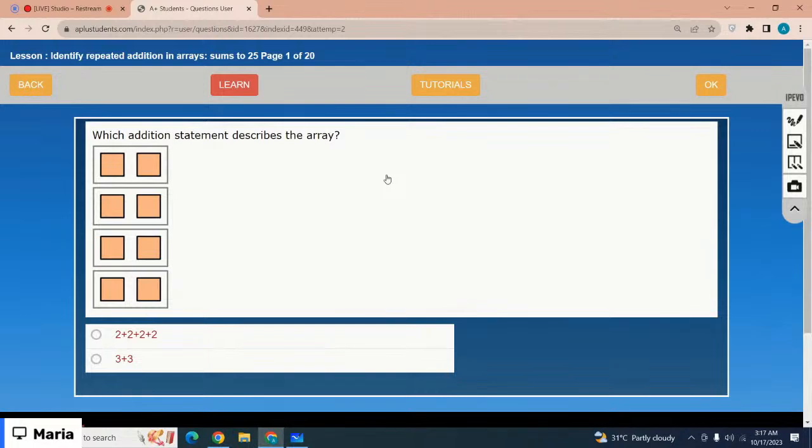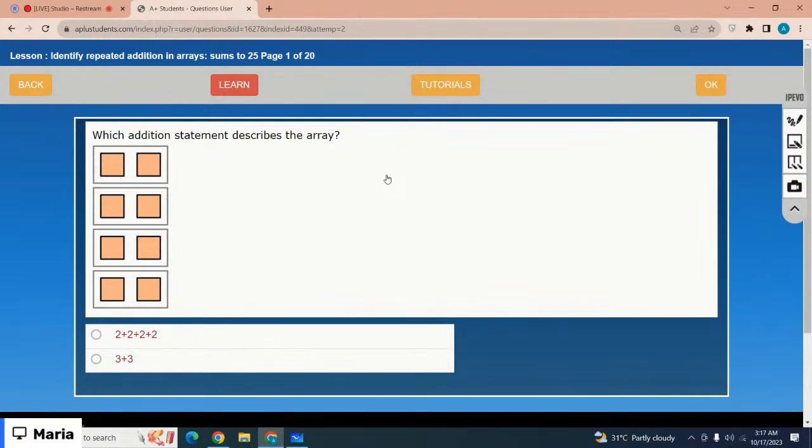Which is the correct option? You can have four rows, right? And in each row you have two squares, so that would be option number 1. 2 plus 2 plus 2 plus 2.